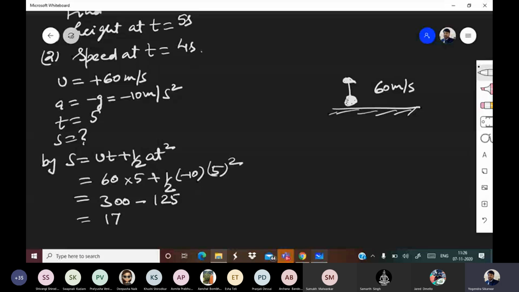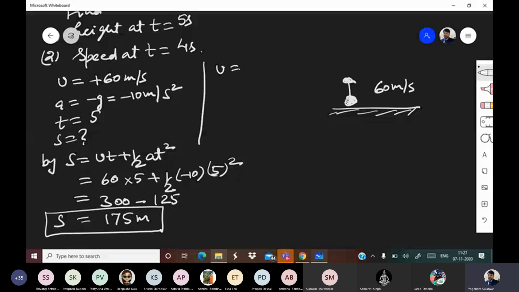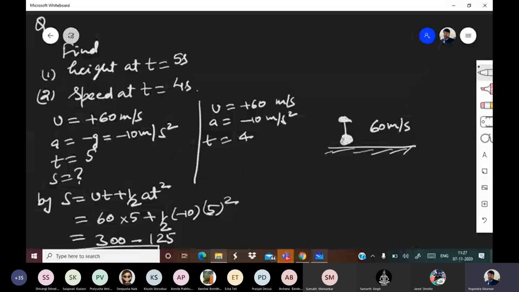All right. Now again u is equal to plus 60, a is equal to minus 10 and t is equal to 4 seconds, because we want to know the speed at t is equal to 4 seconds. So by v is equal to u plus at, v is equal to u, which is 60, plus a, which is minus 10, into t.